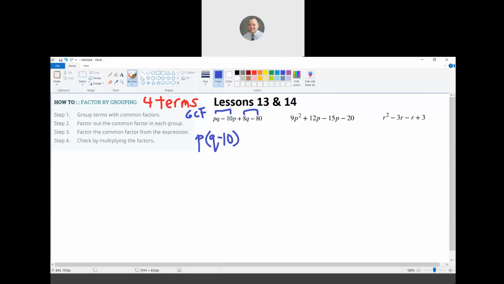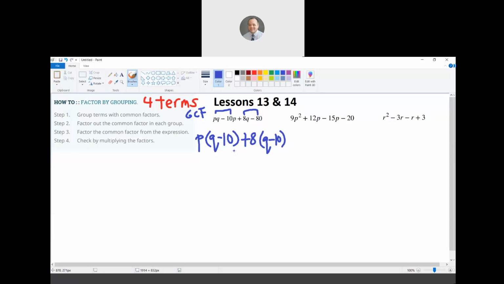The last 2 terms share an 8 in common, so we pull the 8 out. And when we divide each term by 8, we're also left with Q minus 10. Now, that's a great sign that you get the same binomial in each pair of parentheses. Technically, that Q minus 10 is another GCF.